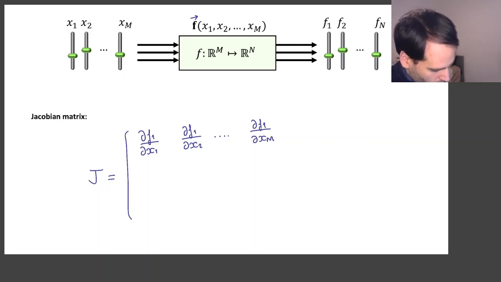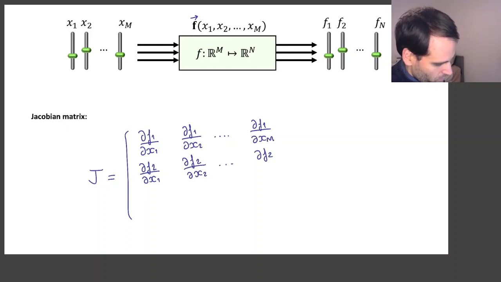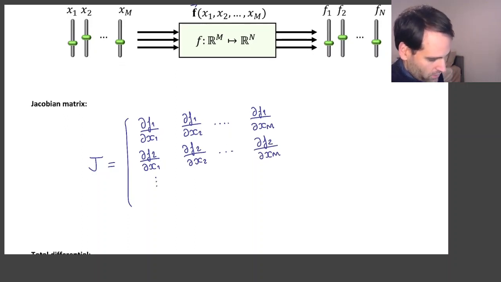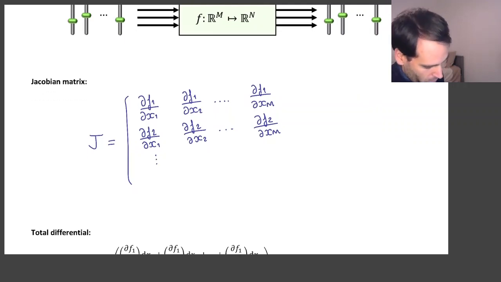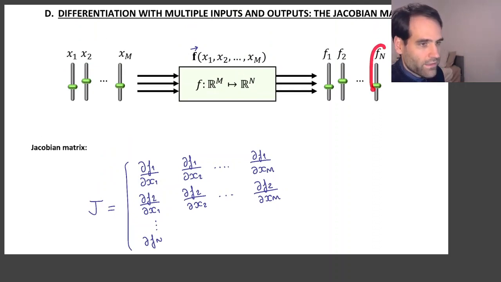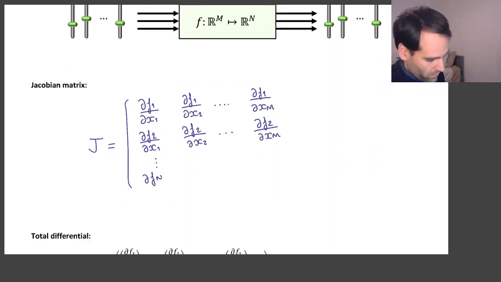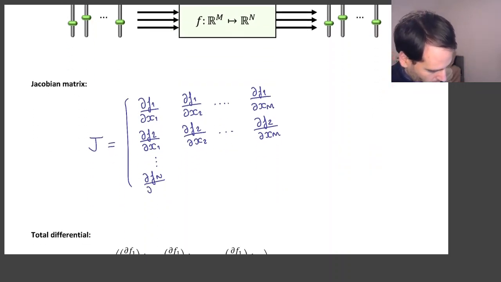Next, the second row is the partial derivative of f2 with respect to x1. The next element is the partial derivative of f2 with respect to x2, up until the partial derivative of f2 with respect to xm. And so on, we do it for each of the elements of f until we do the partial derivative of fn, which is the last component of the output vector, with respect to x1.